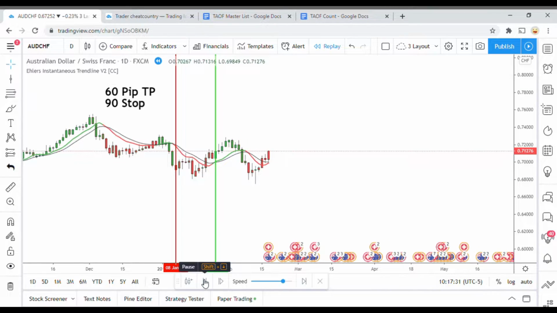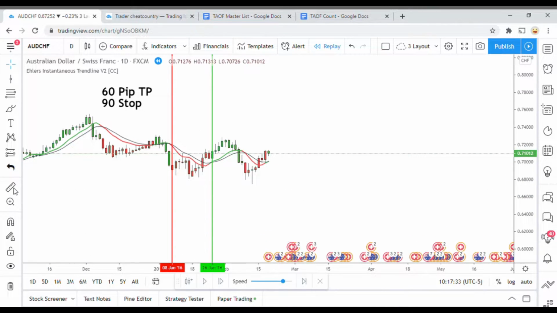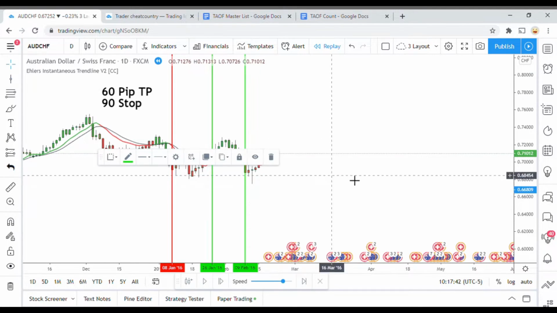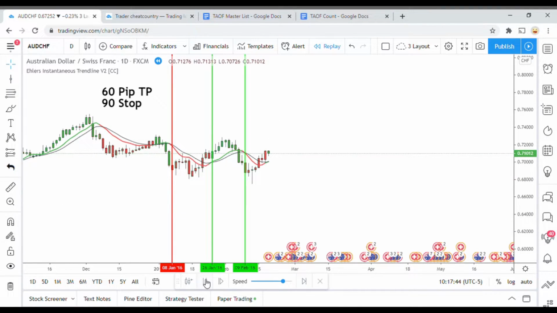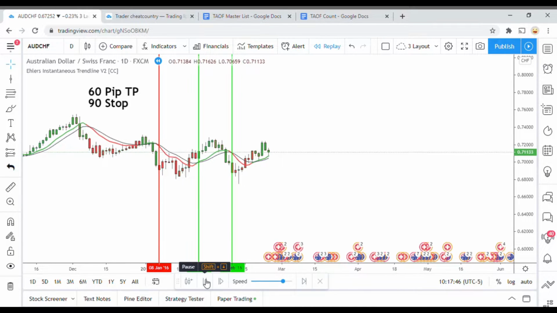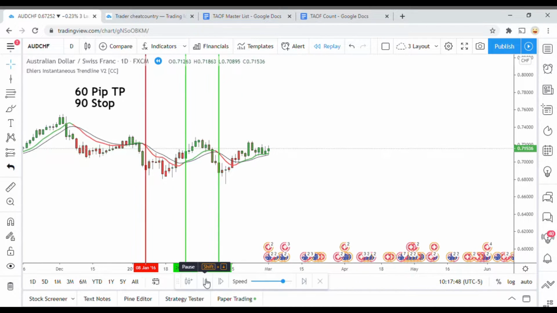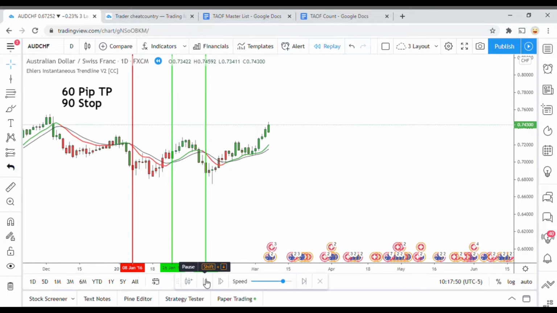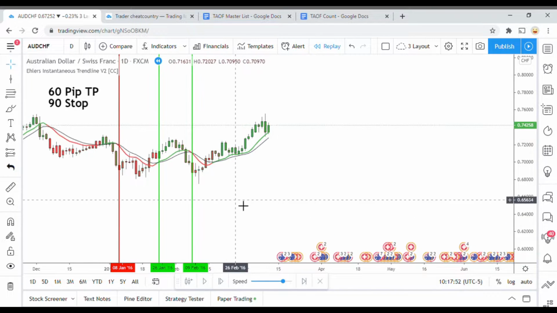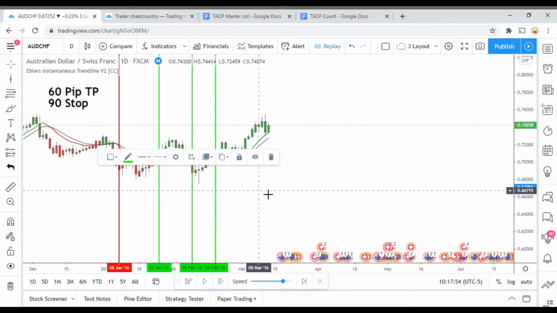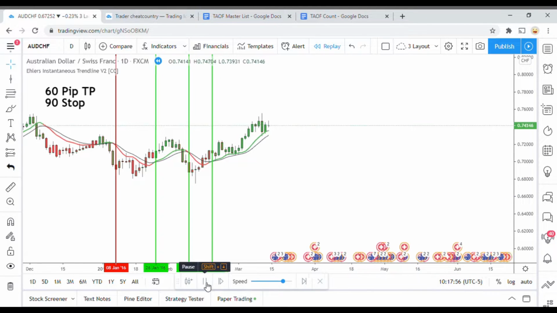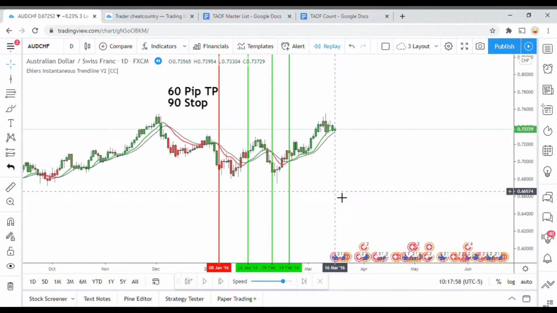And moving on, we pick up another signal over here. This was another short. That one also getting us to take profit. So far, it's looking pretty decent. A long signal here, also getting us to take profit.